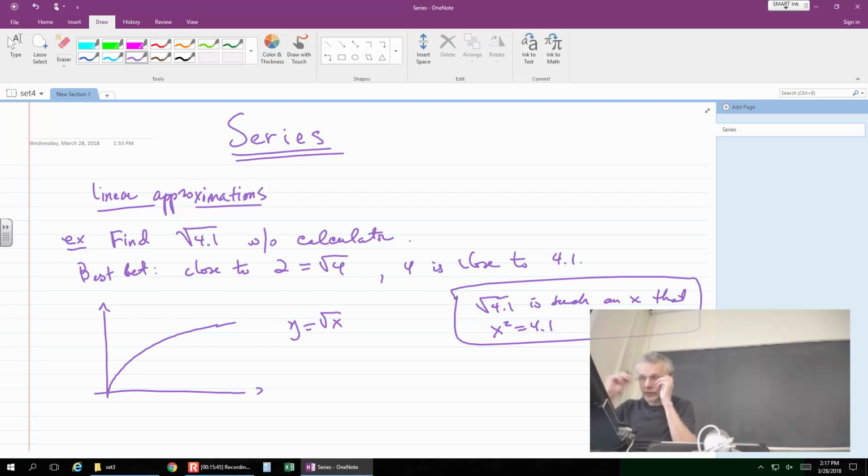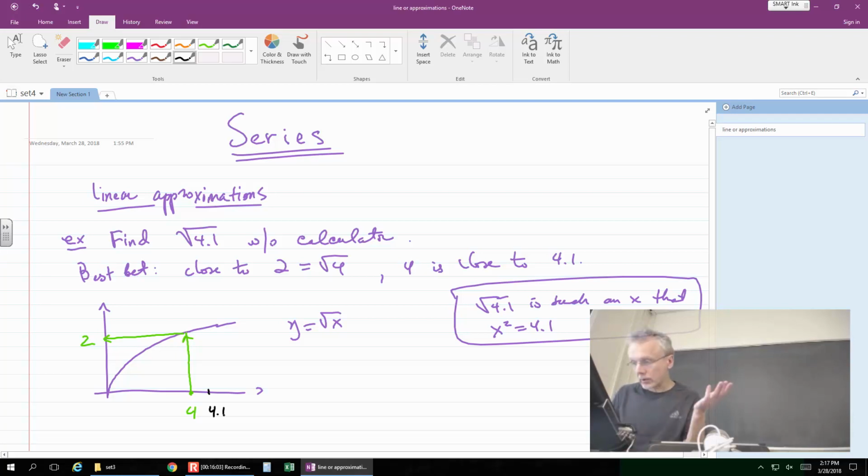So in other words, how to go like this. If this is my 4, then I know that I'm going to end up under this function at 2. If I start with 4.1, that's what we just assumed, then let's ignore the difference. The actual answer is here somewhere.